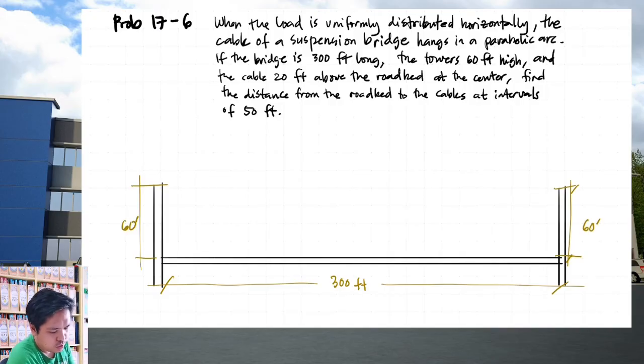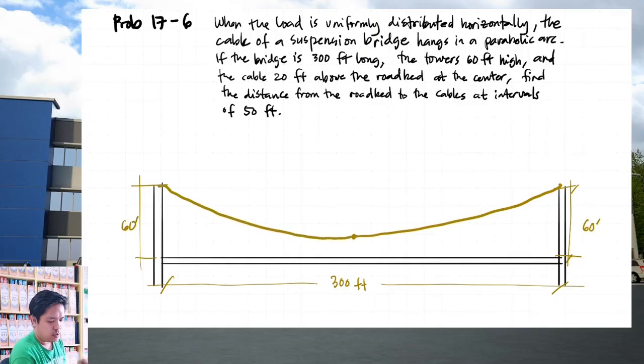So, of course, kung uniformly distributed, the cable will form an arc, or it will form a parabola with, of course, a vertex at the center. So, eto yung mapoporma niya. So, this is now, yan.